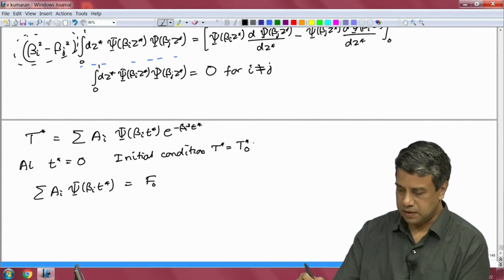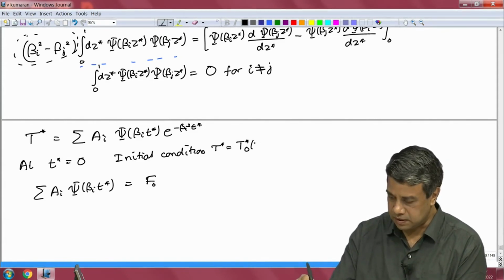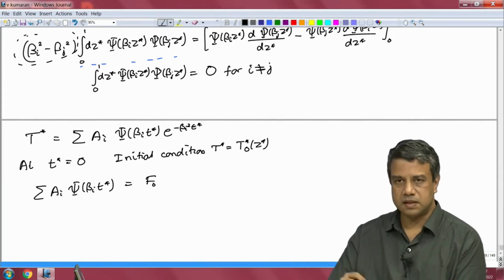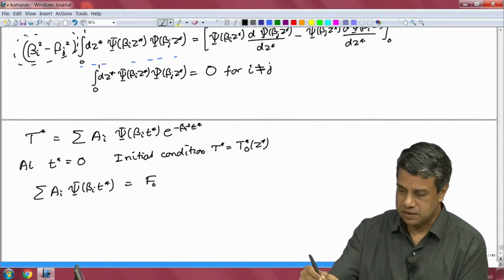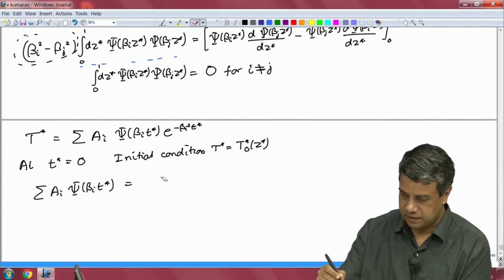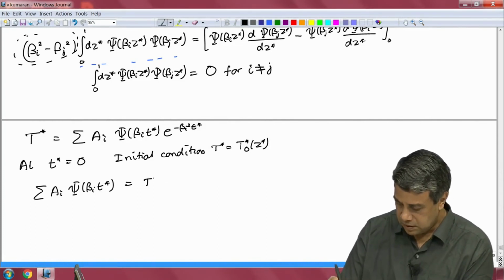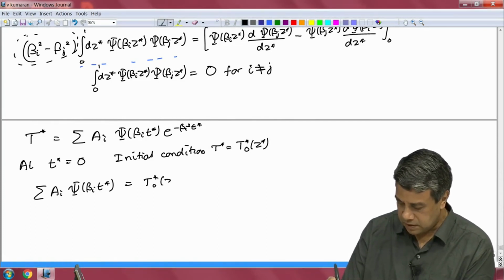T star naught is in general a function of z. At initial time, the temperature distribution is a function of z. So, if I have this, then this becomes T star naught of z.